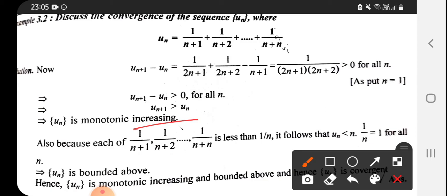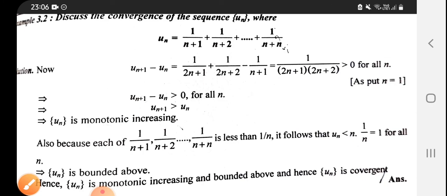And taking the limit as n tends to infinity, we get 0, or we check that all the terms are less than 1. That's why this is a bounded above sequence, and we say the sequence is convergent.